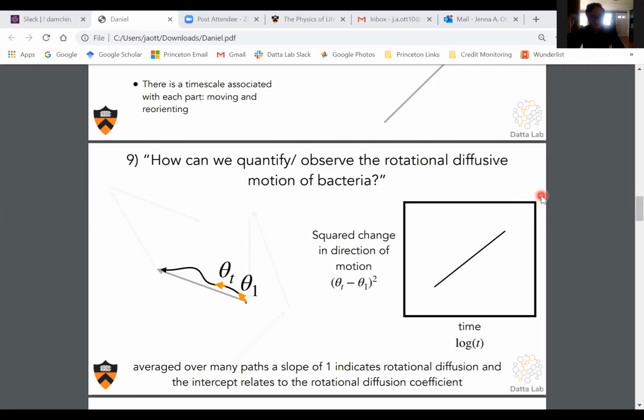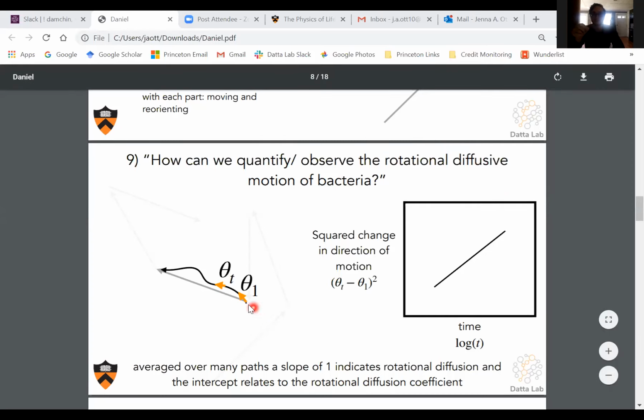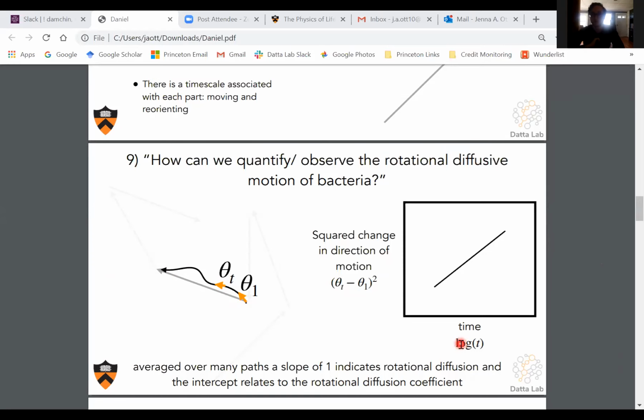And so the way to quantify this is to look at how much your angle has changed as you compare time step 1 to time step t, and then scan time step t along the entirety of the data you have. And so by looking at the square of this displacement in direction, or the change in direction, against time, where I've made a mistake and made it log time, where I should either have it be log or not log on either.